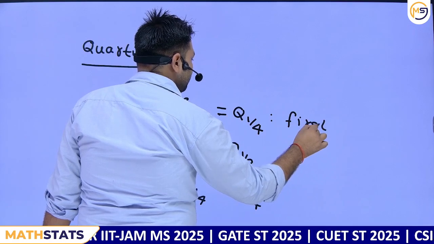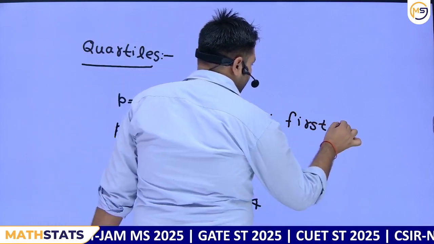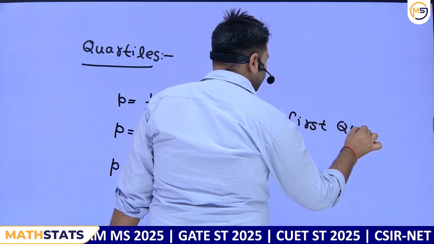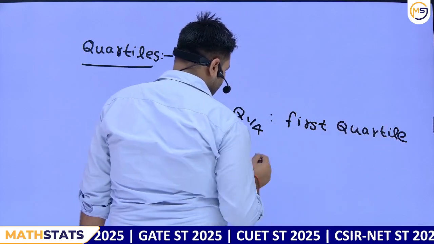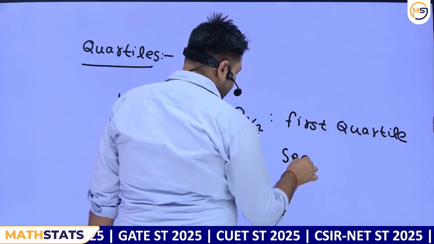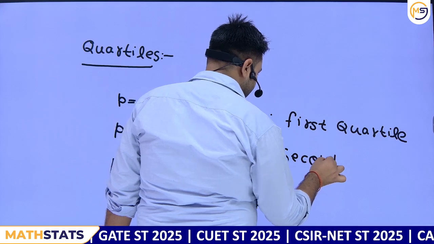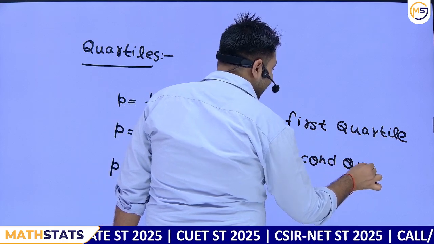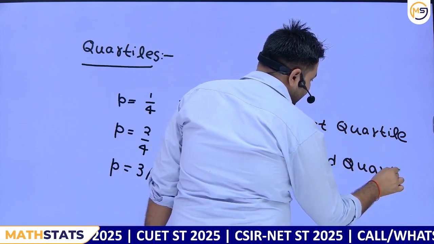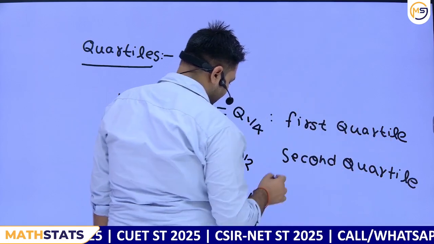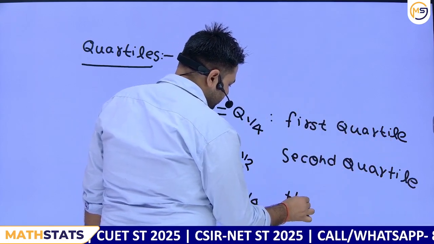So this is the first quartile, this is the second quartile, and the second quartile is also equal to the median. This is the third quartile.